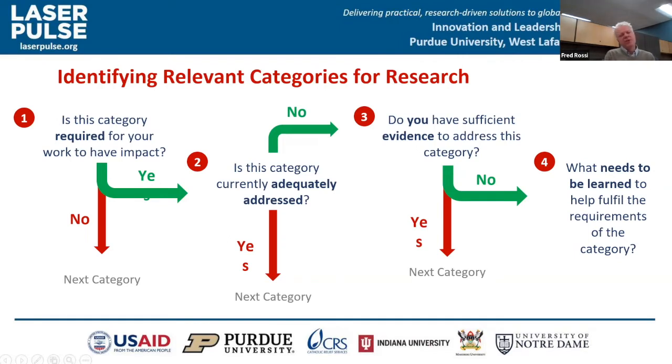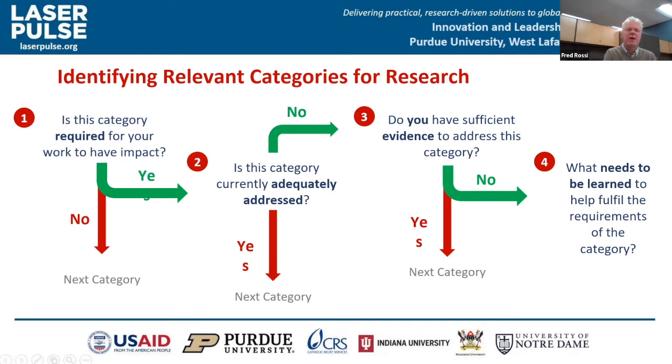However, if the answer there is no, then we objectively assess the evidence available to address the factor category. If we believe that we know all that we can and can answer yes to this question, we should move on to the next category. But if the answer is no, then we do not feel that we know enough or what is needed, and we ask, what can we do to contribute evidence via research to inform how to make this category a reality?